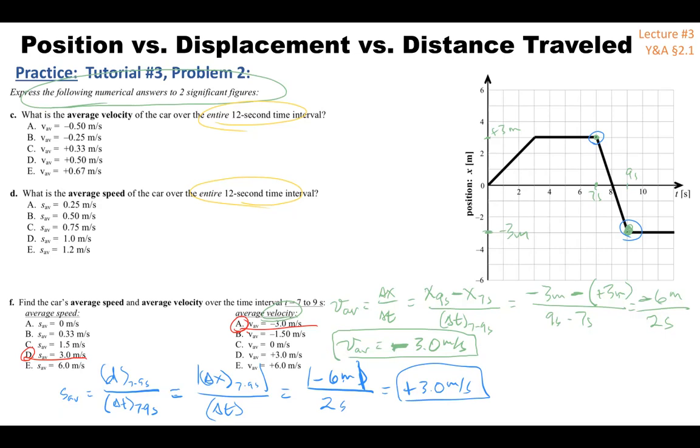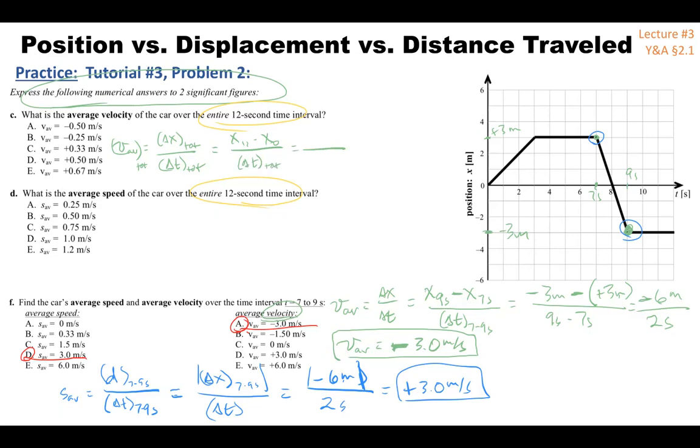So average velocity over the entire time interval is equal to displacement over the time of the entire time interval. That's going to be equal to x12 minus x0, right? The position at 12 seconds minus the position at 0 seconds, over delta t for the entire time interval.